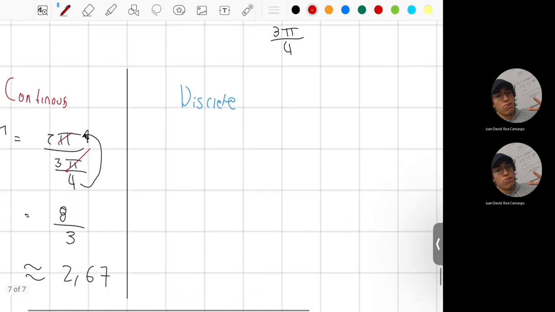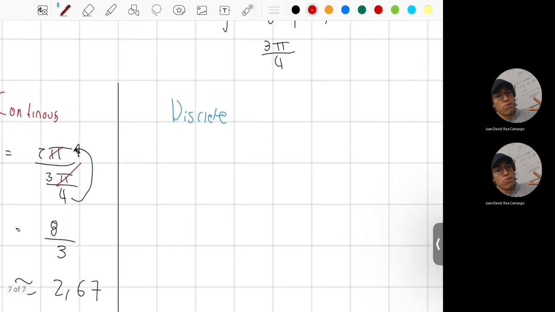And if we go to the discrete signal, it will work in this way. It's actually the period, where m is like a relationship. So we got 2 pi, and we got the angular frequency, which in this case is 3 pi divided by 4. These two cancel out, this one multiplies this one.